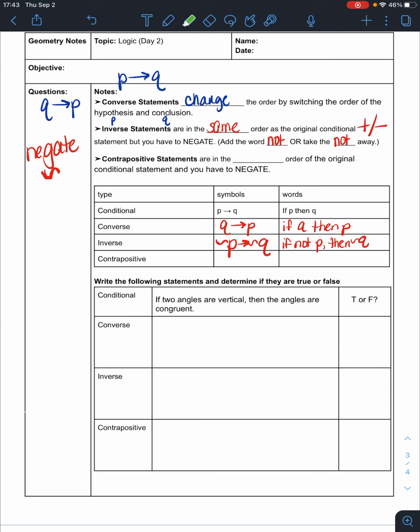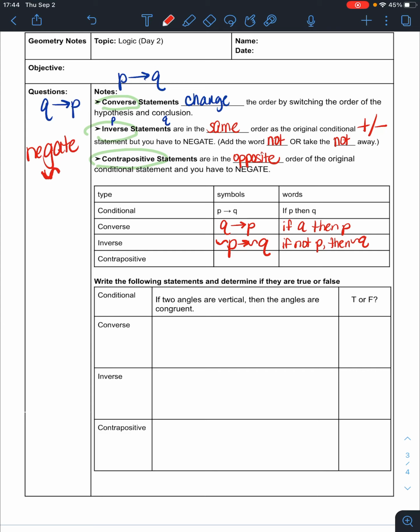Then the last one we have is called a contrapositive. So we have conditionals, we have converses, we have inverses, and then we have contrapositives. Contrapositives are in the opposite order. They're switched, they're in the opposite order of the original conditional, and they're negated. So you start with your original statement, if this, then that.